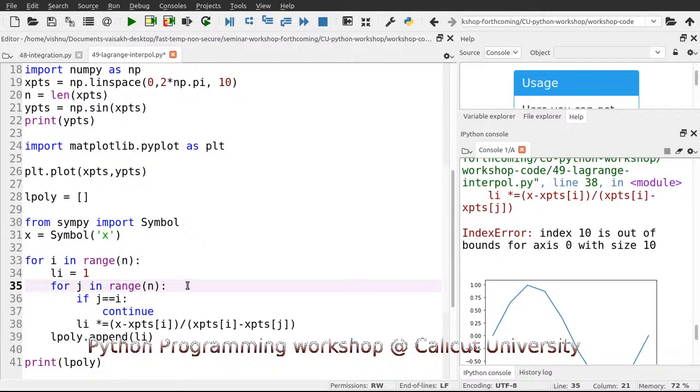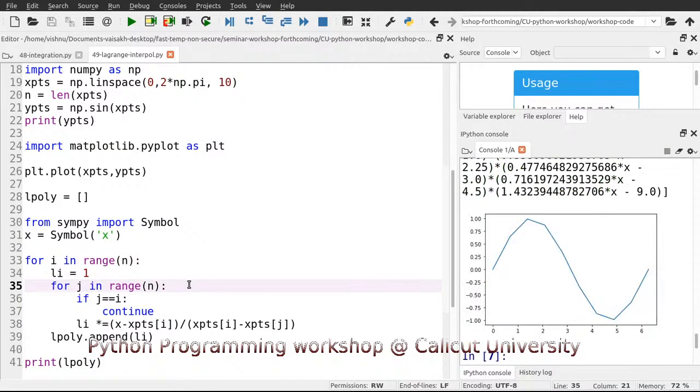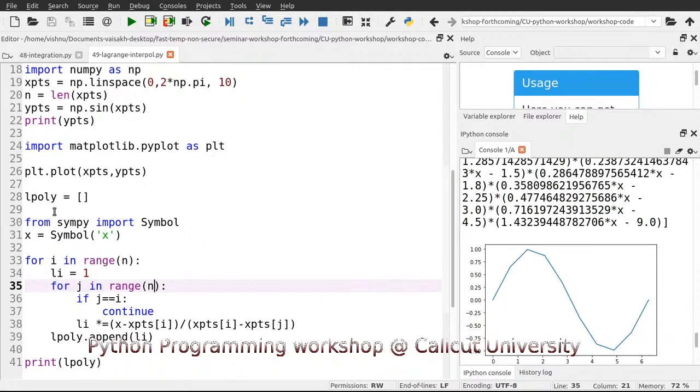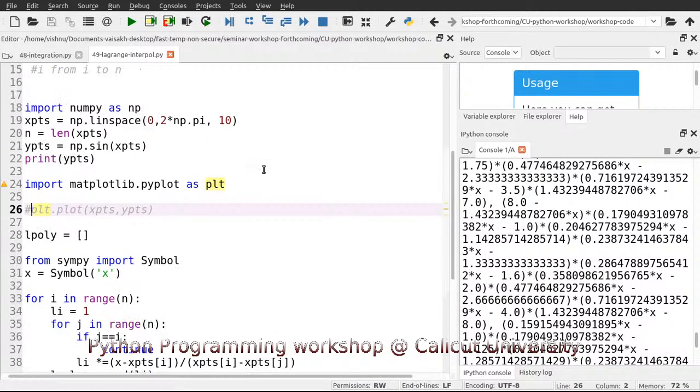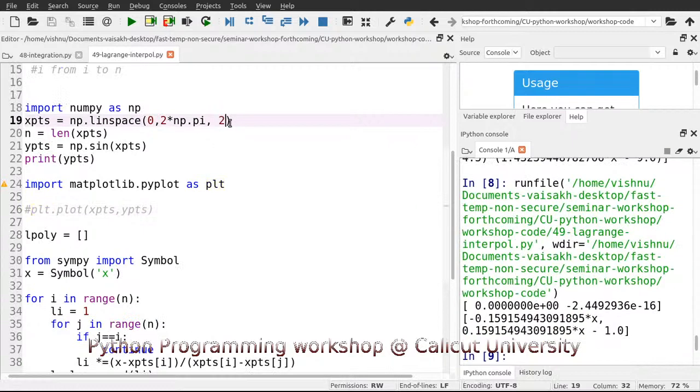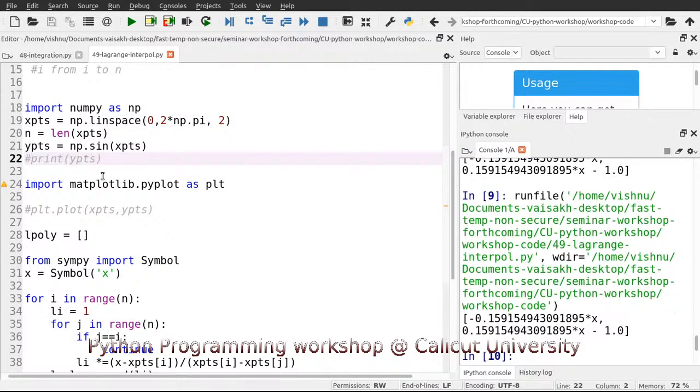So how many points have we taken? 10 points. Let me suppress the program and just take only 2 points to see it better. So this is not required. Y points, suppressing it.